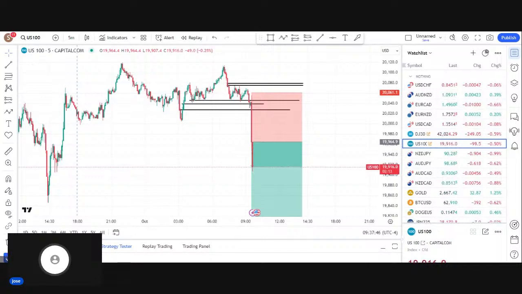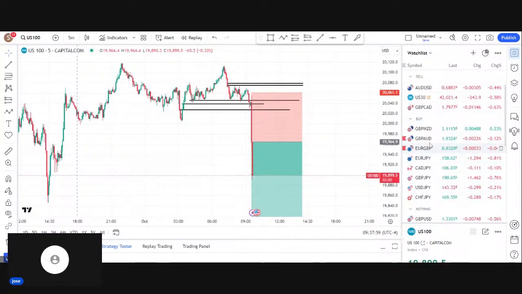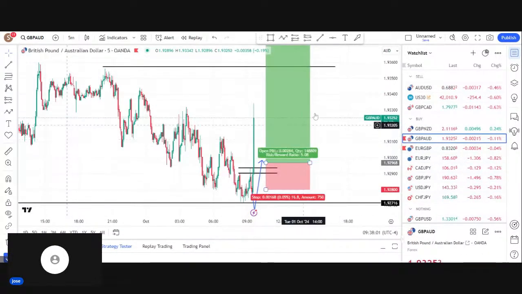Yes, the market is moving. So I'm curious, do you guys have FOMO? Like when you see the market moving like this, or let's use the example of the trades that we were waiting for. For example, this one.